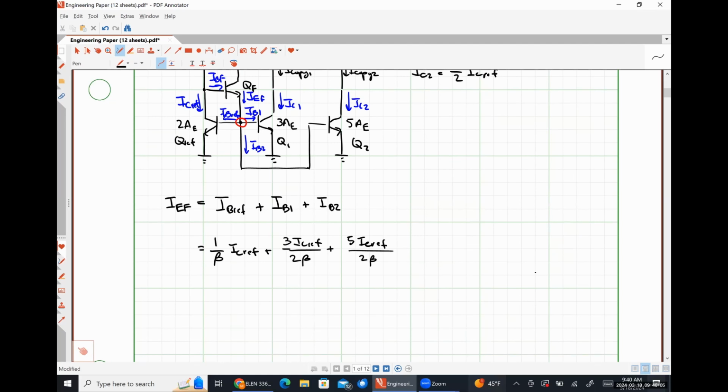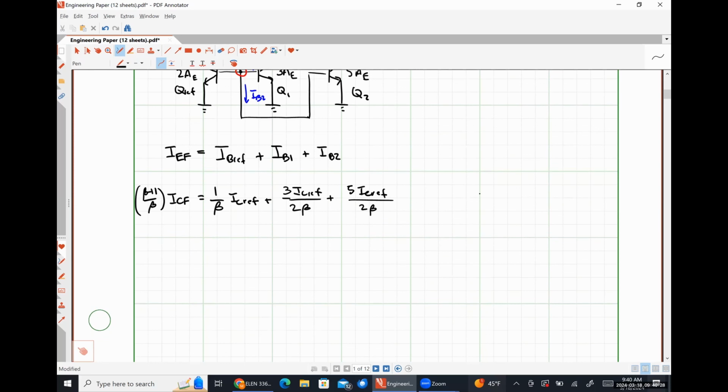And on the left-hand side, I'm going to make a small change here, and we'll see why in a moment. I'm going to call this guy beta plus 1 over beta ICF. So I'm just putting it in terms of the collector current for that emitter follower transistor. I can lump things together now. And so that's going to give me beta plus 1 over beta ICF is equal to ICref.